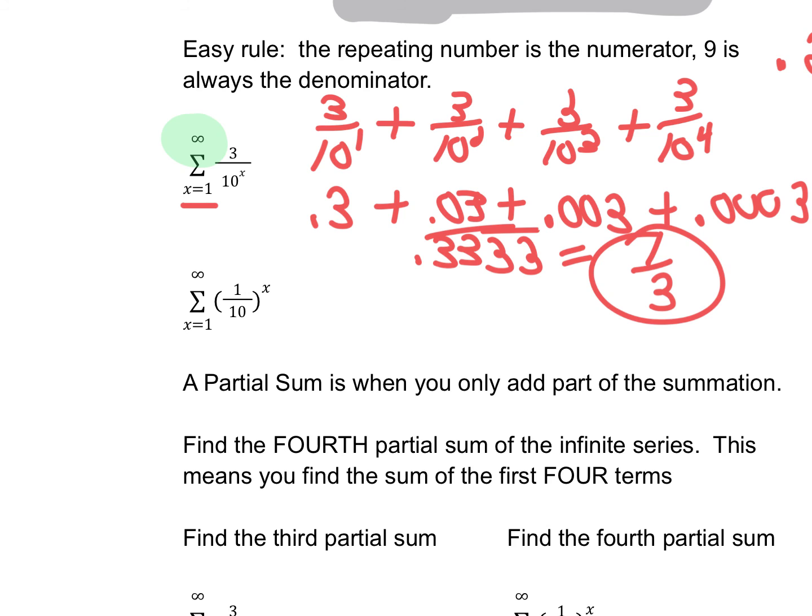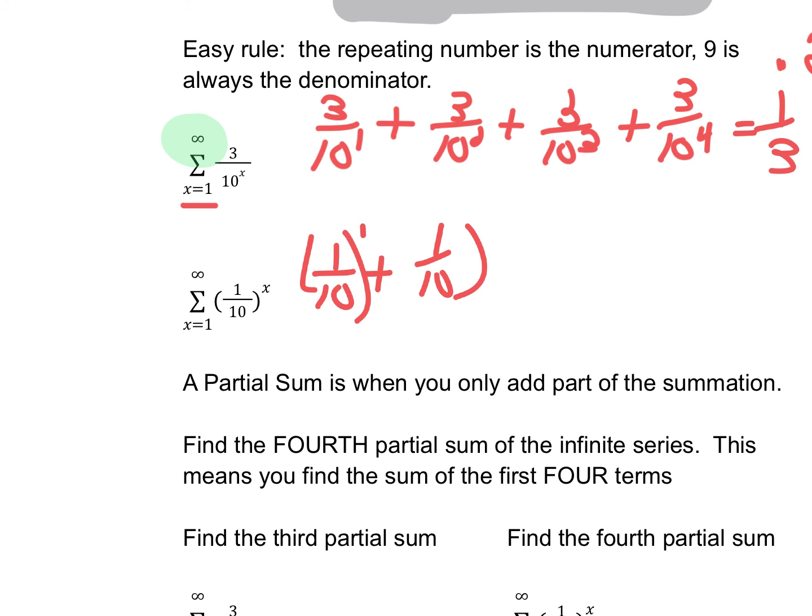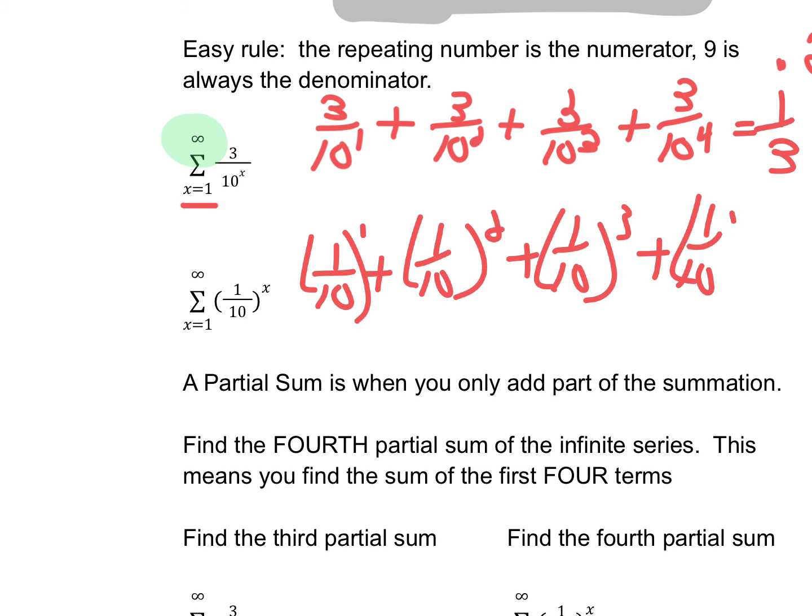Okay, so I am actually going to erase this so I have some room to do the next one. I will put 1/3 up here. Okay, now I have 1 over 10 to the x. So now I'm going to have 1 over 10 to the first plus 1 over 10 squared plus 1 over 10 to the third plus 1 over 10 to the fourth.